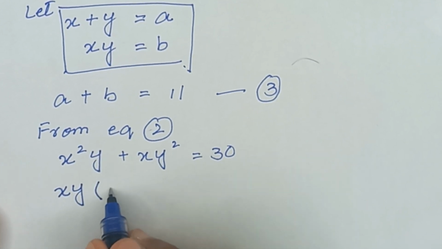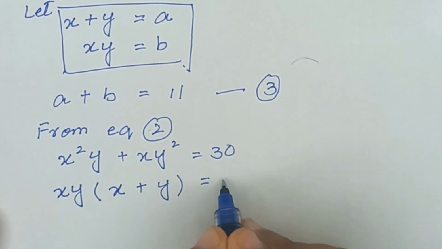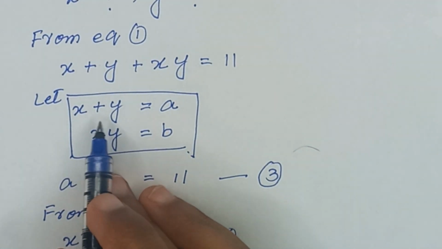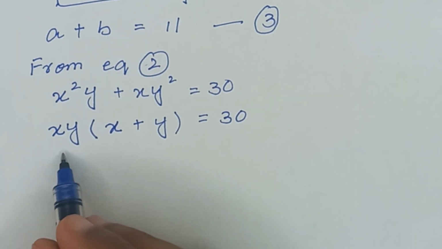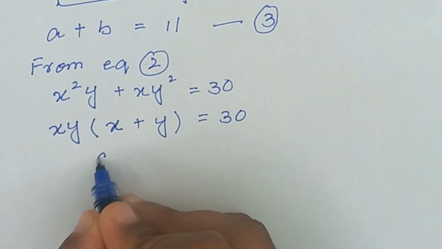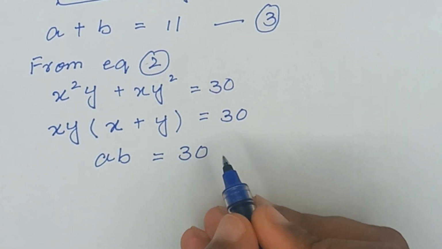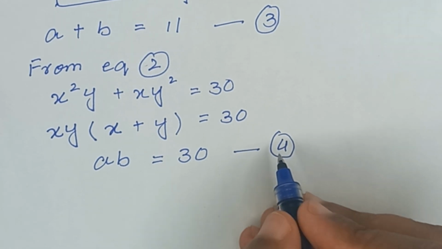So this divided by this will be equal to x, plus this divided by this will be equal to y, is equal to 30. According to our supposition, x plus y is equal to a and xy is equal to b, so it will become b into a, meaning ab, which is equal to 30. It is our new equation, so we will name it equation number 4.